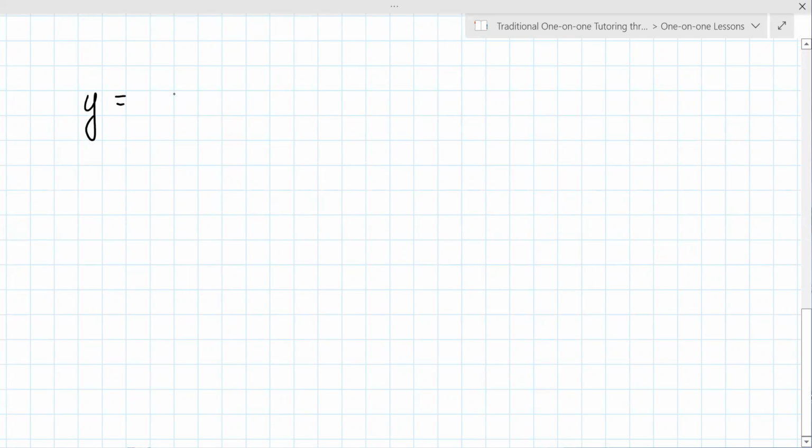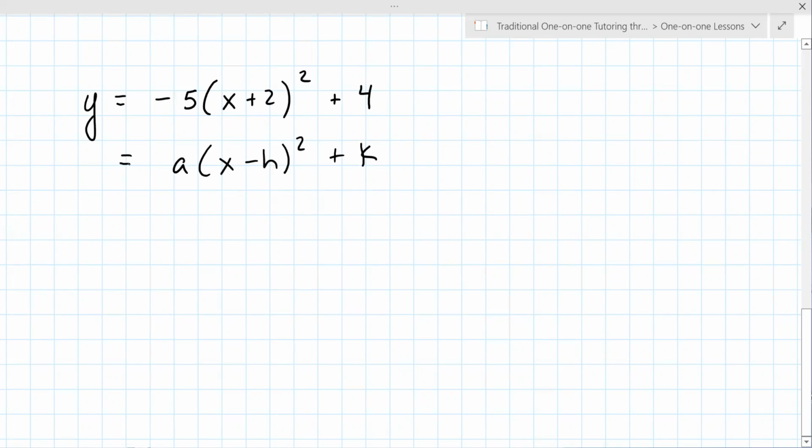Let's go y equals -5 (x plus 2) squared plus 4. So I'll again write the standard form underneath. And can you tell me the value of h and the value of k? Okay, h is -2 and k is 4. Perfect.